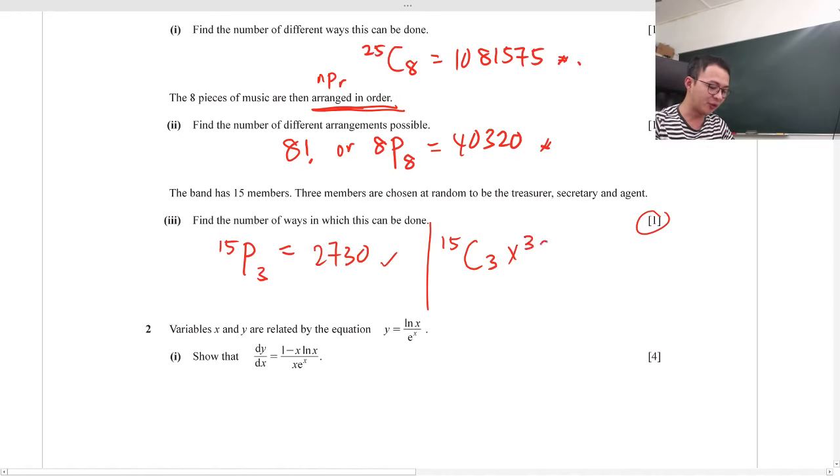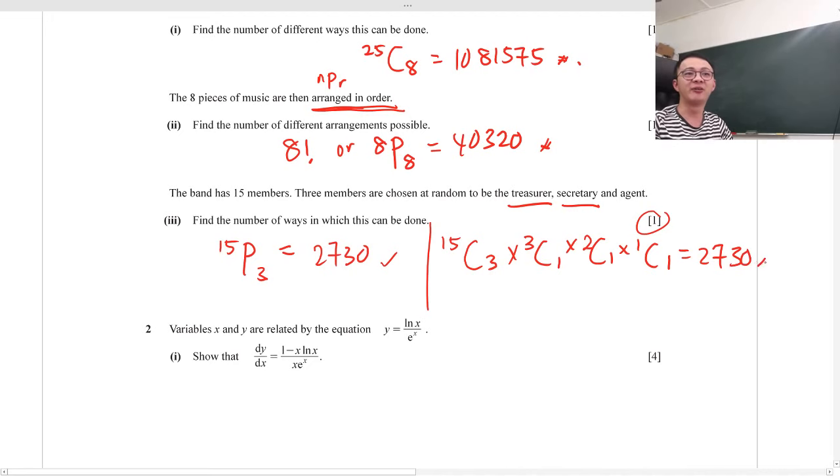Among the three, I choose one for treasurer, and then I have two left. I choose another one for secretary, and the last one is for agent. You should still get the same result if you do it separately, but normally I just do it all together.